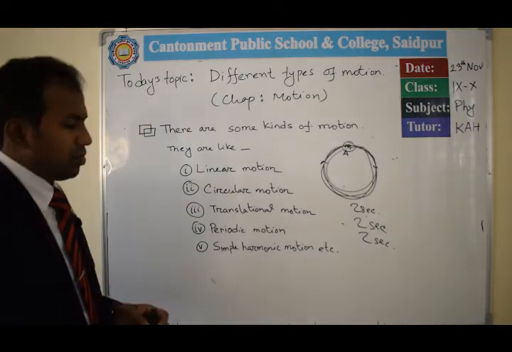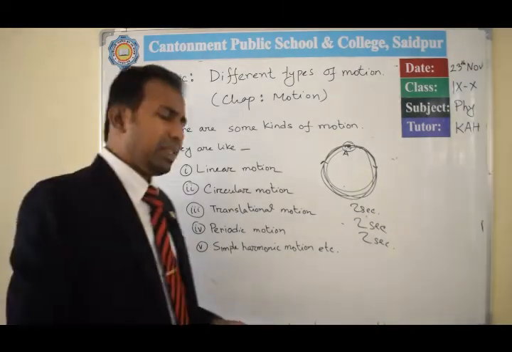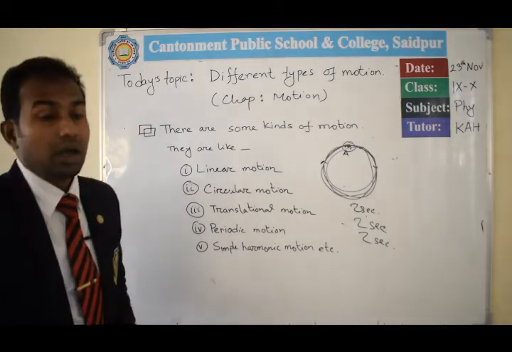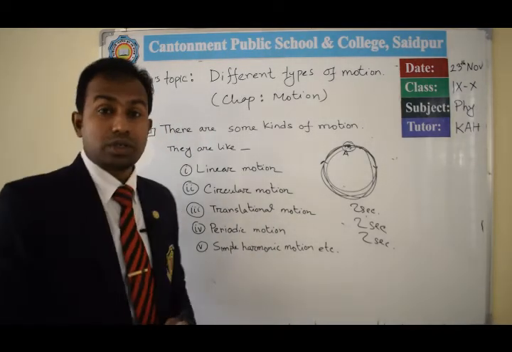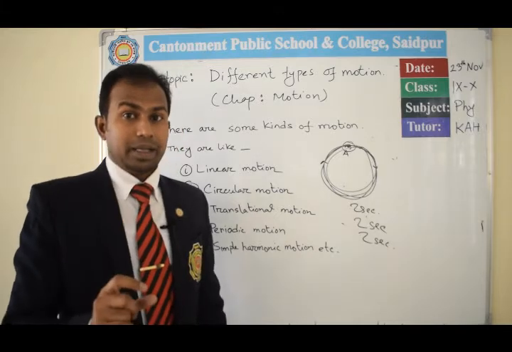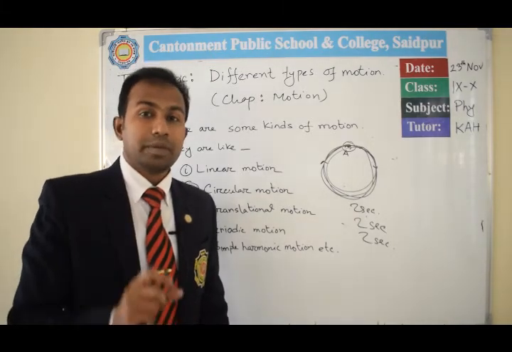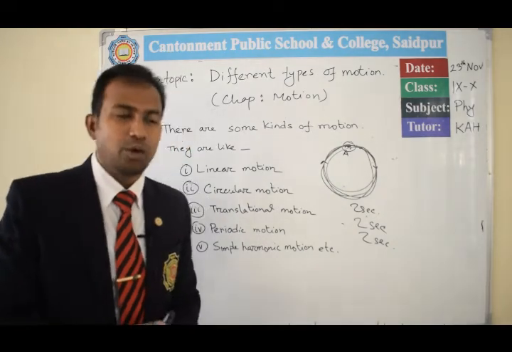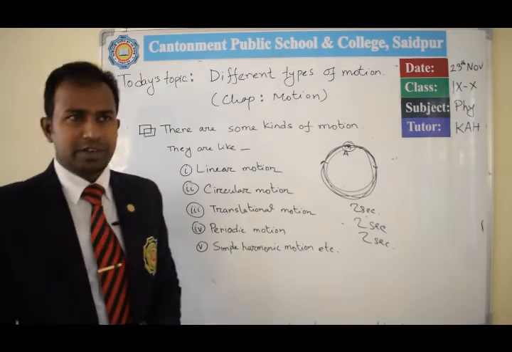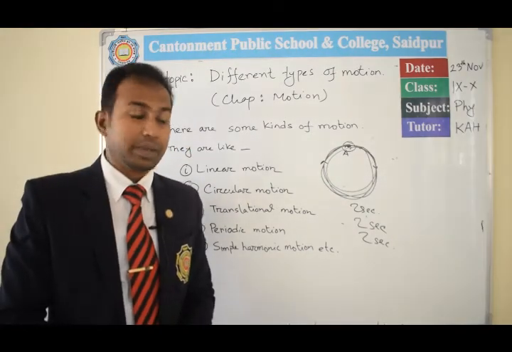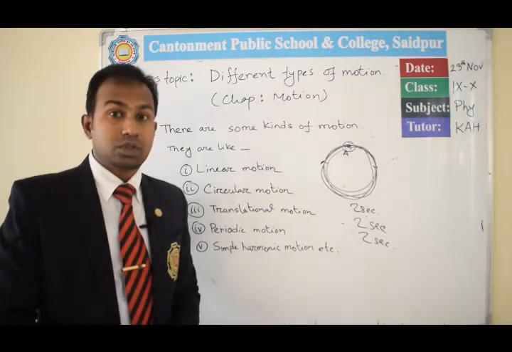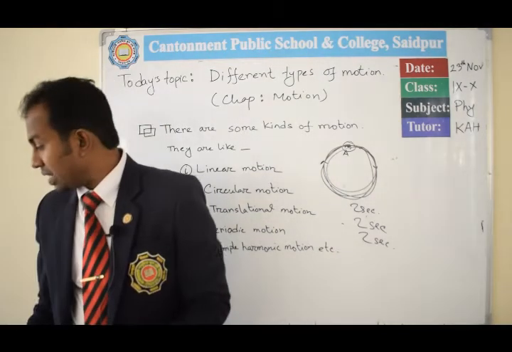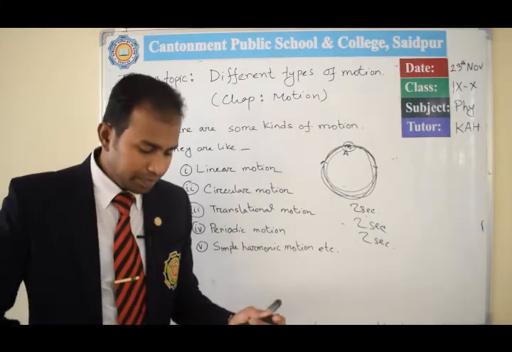And you know, simple harmonic motion. Whenever I teach you simple harmonic motion, I used to give the example of the pendulum of a wall clock. Those are pretty old clocks, very famous in the previous time in our country. I'm going to show you.